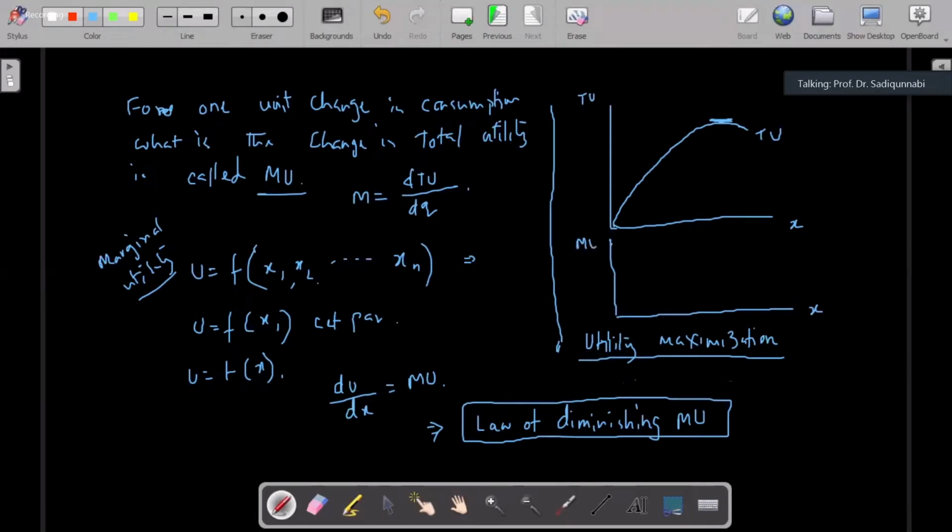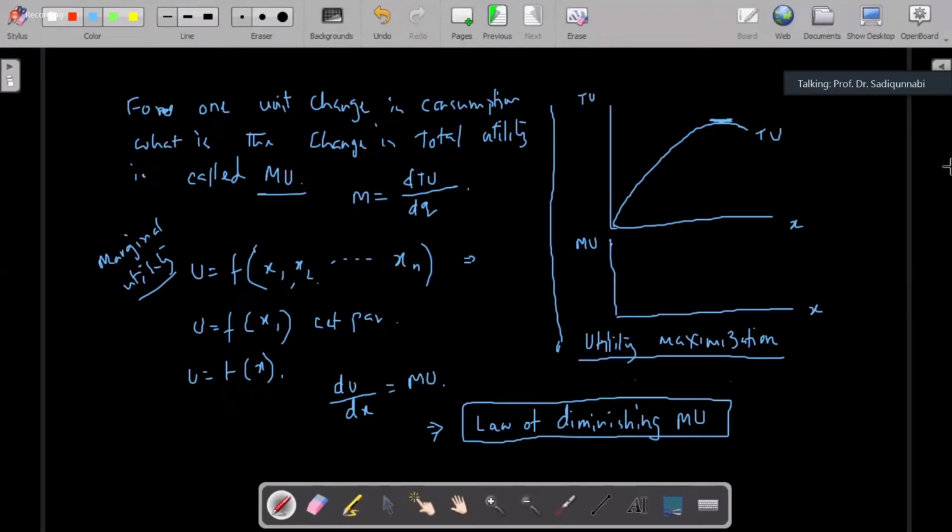How do you draw this curve? Is it upward sloping, downward sloping, or what? Any idea? Downward sloping.